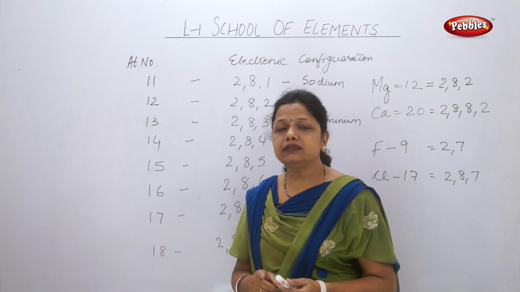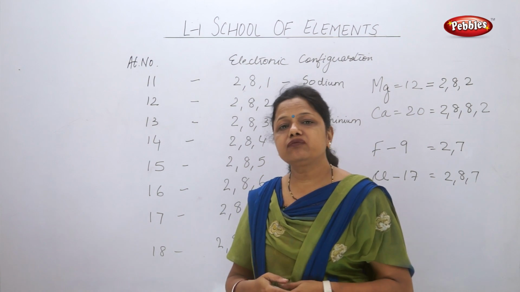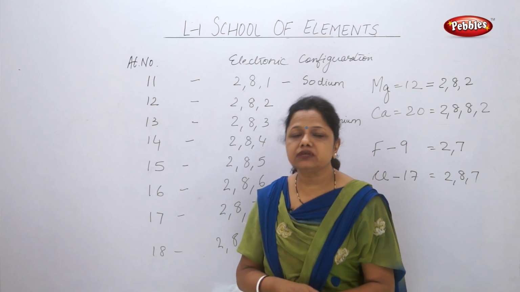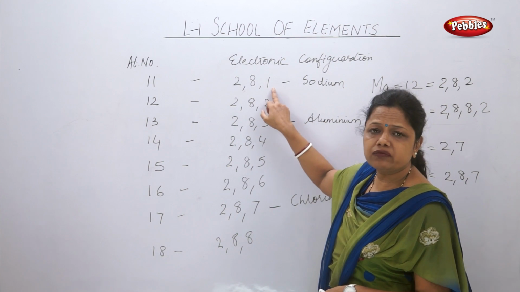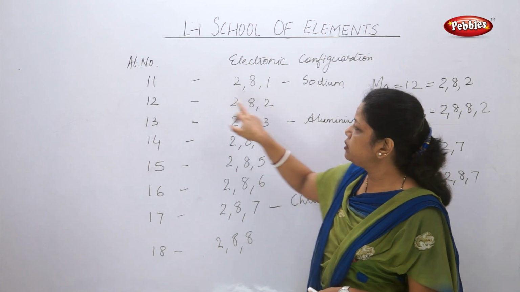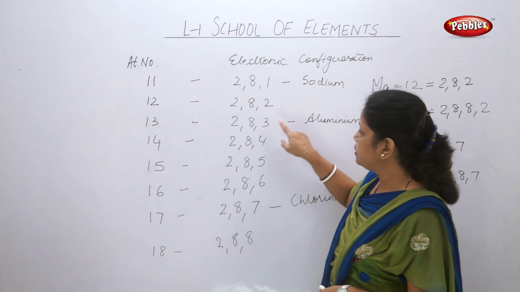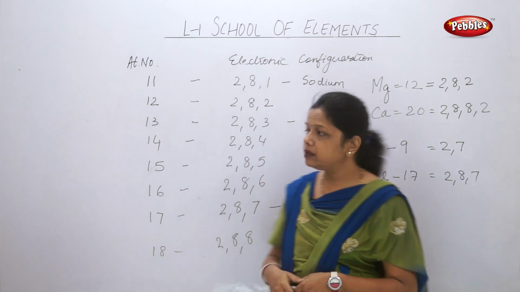Metals are the elements which have the capability to give out electrons, and therefore they are called electropositive elements. Here, is it possible to give out 1 electron? Yes, so this is a metal. Here also it can give out, this is also a metal. Here also 3 electrons can be given out. It is also a metal.